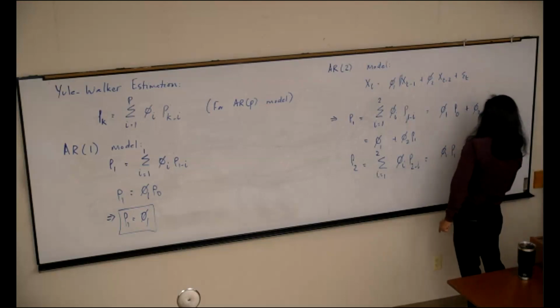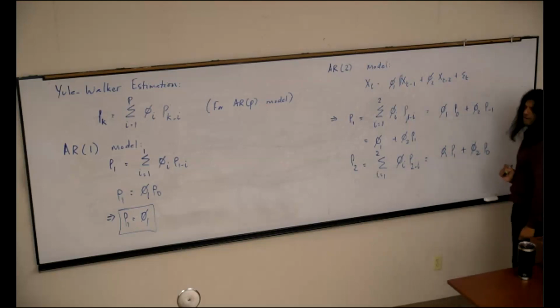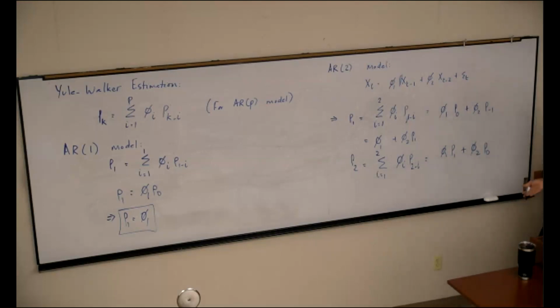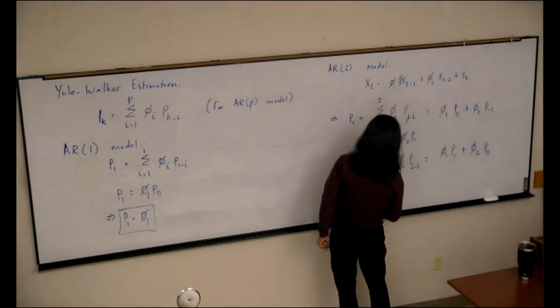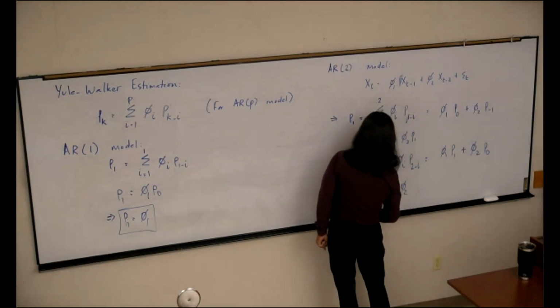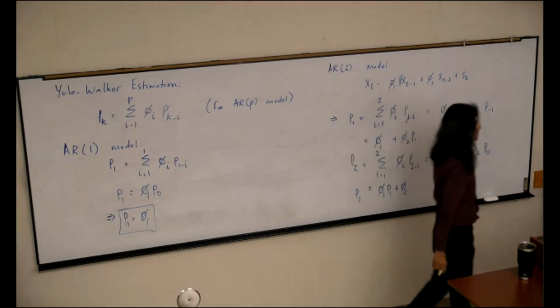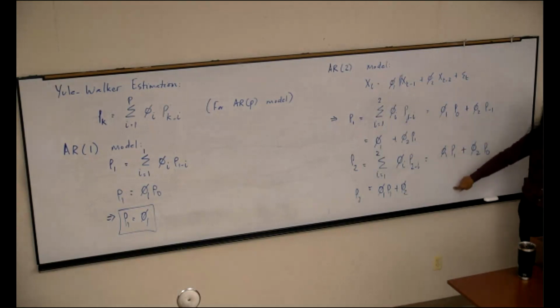When i is 2, phi2 rho 2 minus 2, rho 0. But rho 0 is just 1. So phi1 rho 1 plus phi2 would equal rho 2. Good so far. Two equations, two unknowns, and we've got to find the solution.